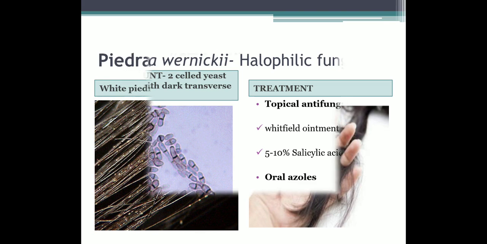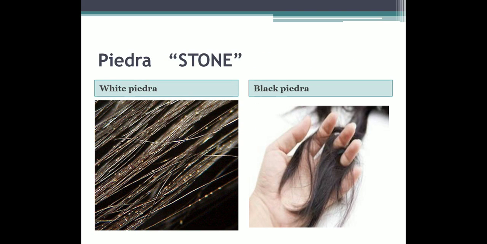The next infection is piedra. Piedra in Spanish means stone. There are two types of piedra, white piedra and black piedra. In white piedra, you will find white grayish nodules on the hair shaft, primarily in facial, axillary, beard, and pubic hairs, along with itching.